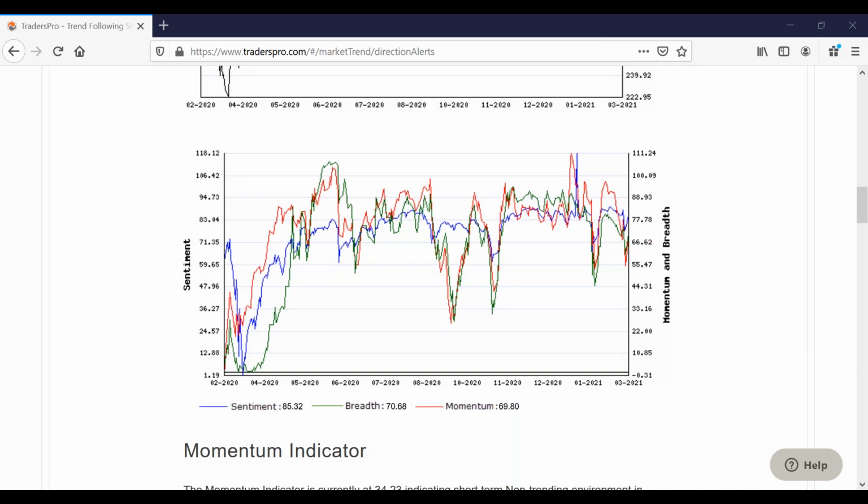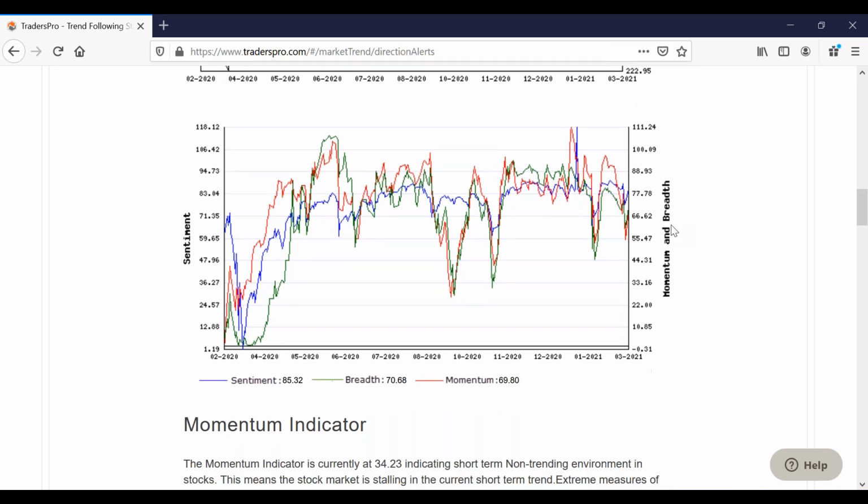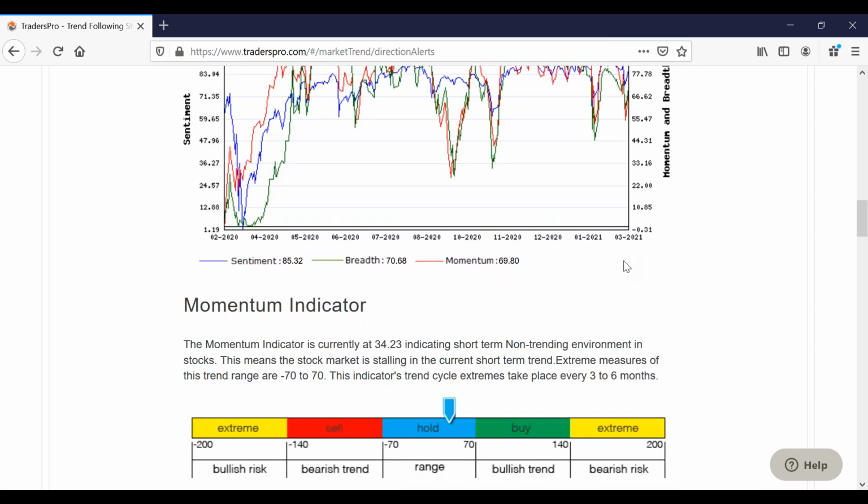So if we do see that develop, hopefully I'll notice it to point it out, and we can expect maybe a stronger trend at that point.